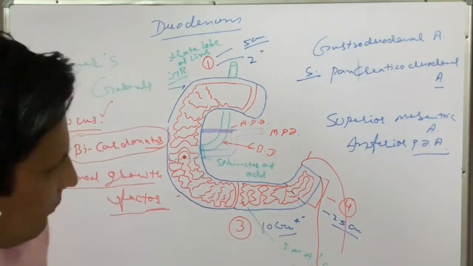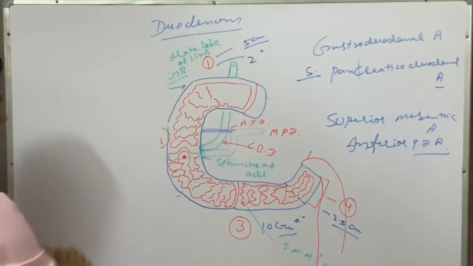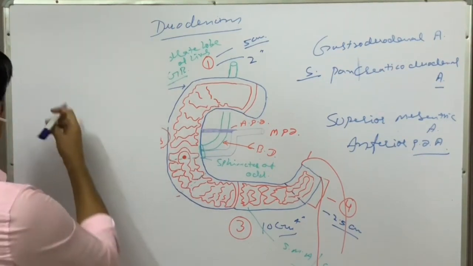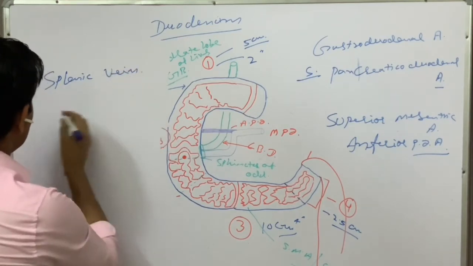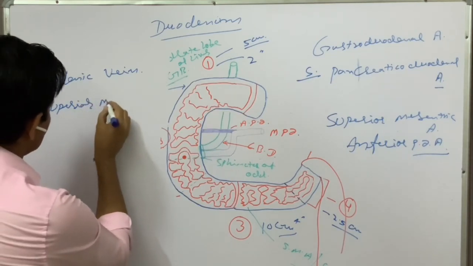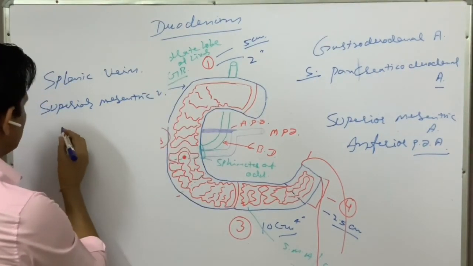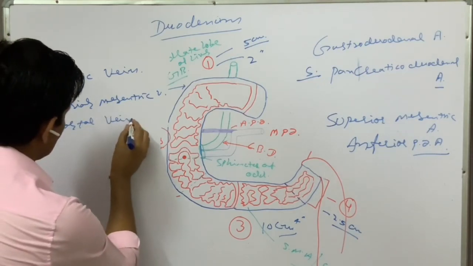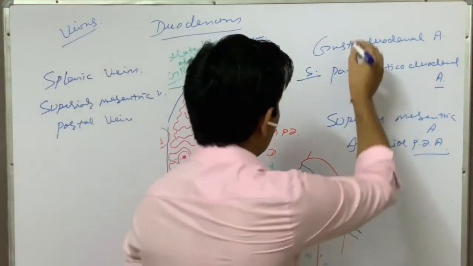So there are three main vessels which drain the deoxygenated blood from the wall of the duodenum: number one, the splenic vein; second, the superior mesenteric vein; and the last one, the portal vein. So these are the veins and these are the arteries.